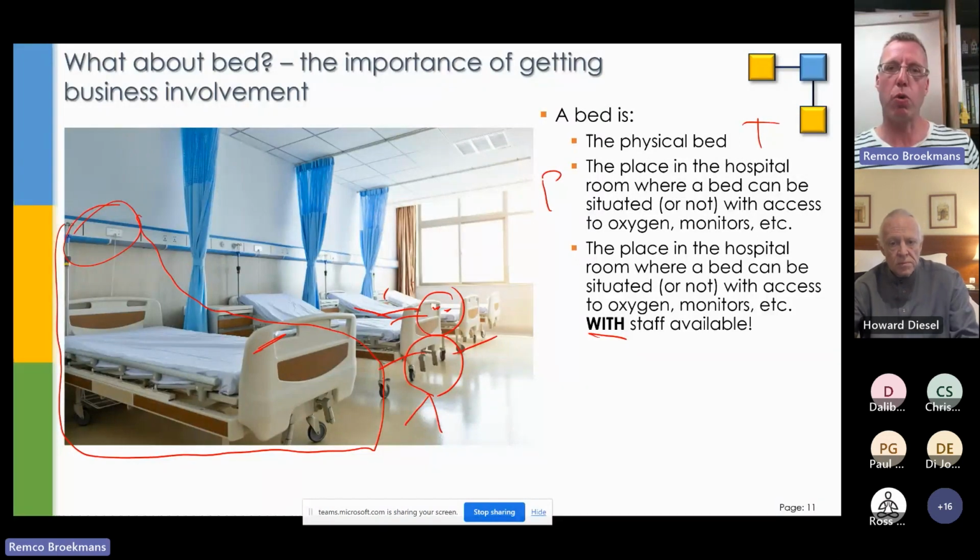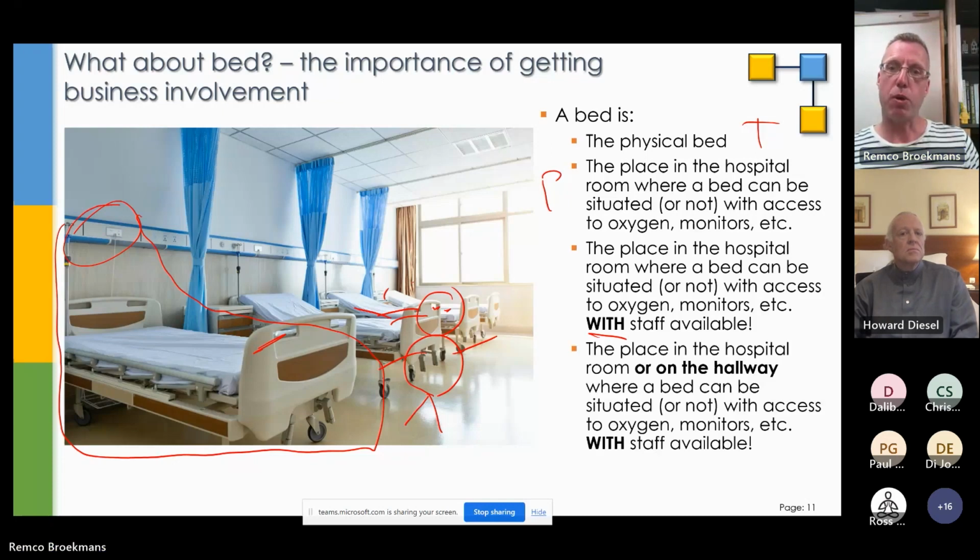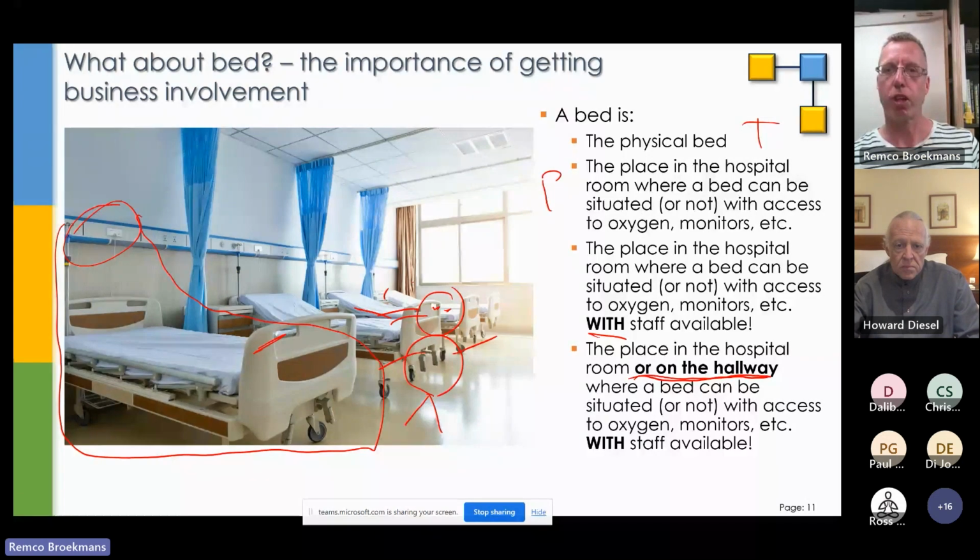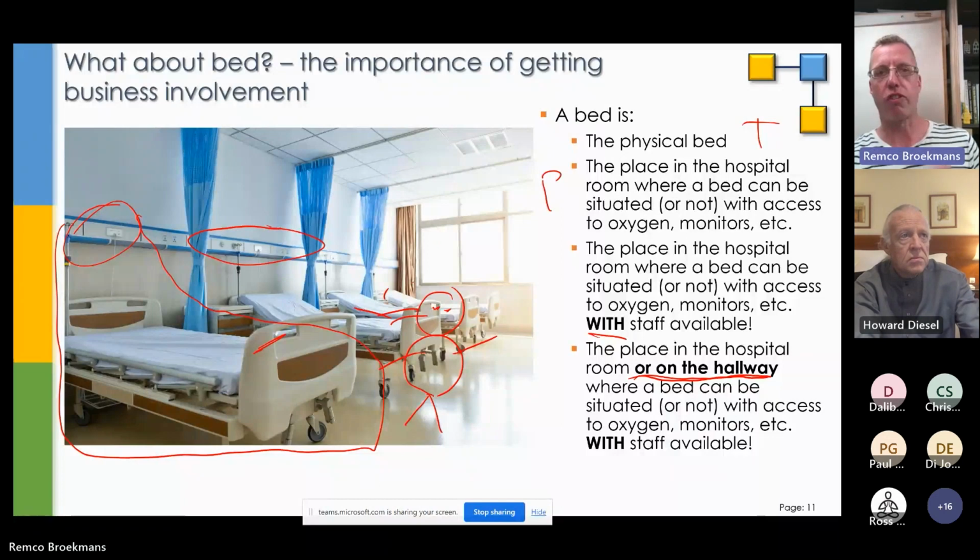If we don't know that, we can't do anything with it. So there should be staff. So then that for me is a bed. And other people say, yeah, but wait a minute. In the hallway, there could also be extra outlets for oxygen, extra places for monitors, as an extra place to situate the bed.